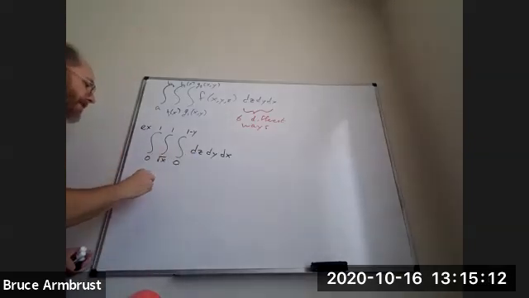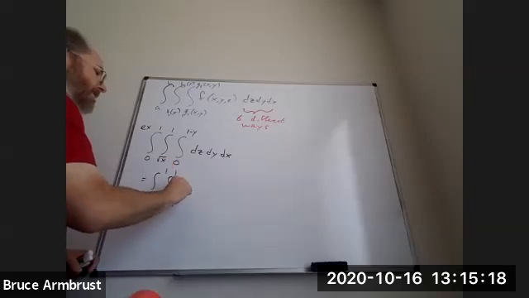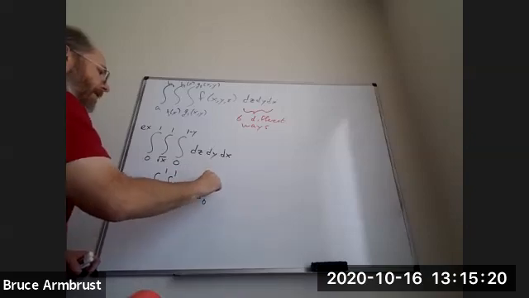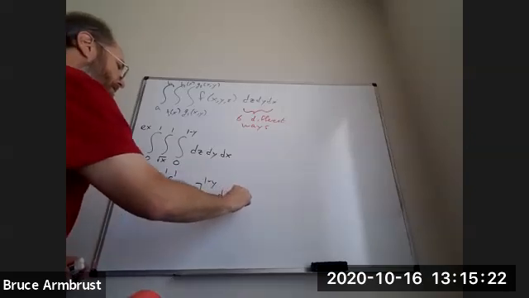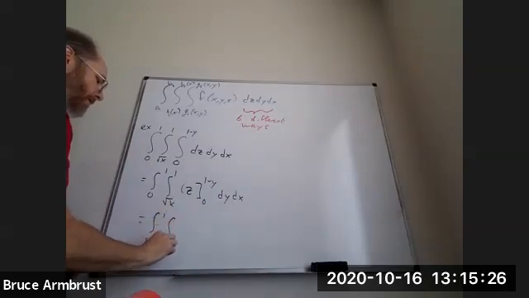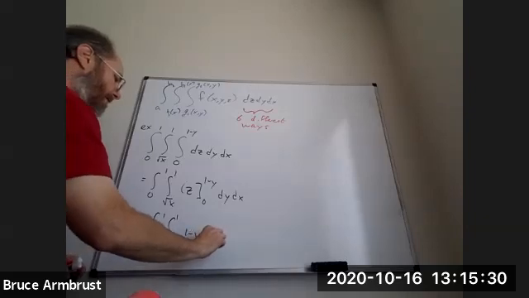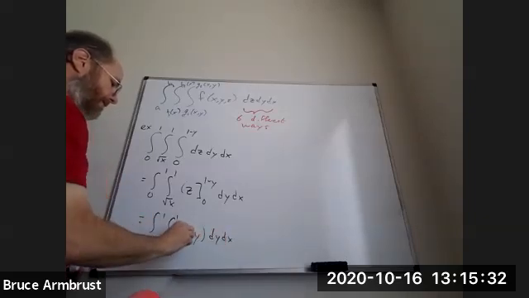So we integrate the dz, we get a z. So we're going to get z evaluated at 0 and 1 minus y, which leaves us the integral of 0 to 1, root x to 1, of 1 minus y, dy dx.